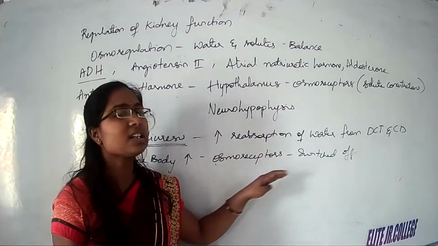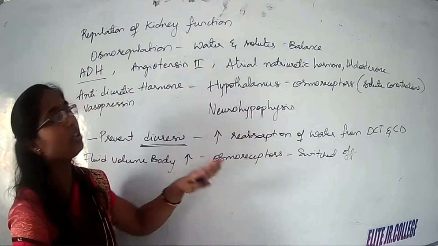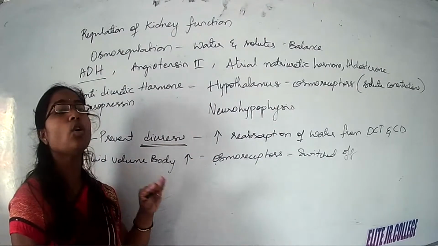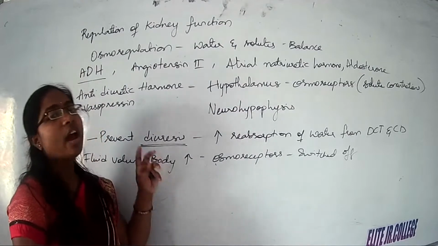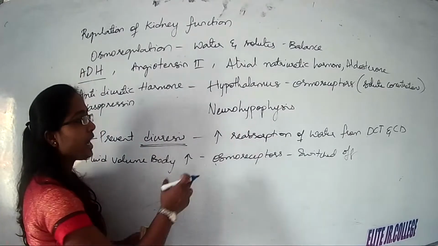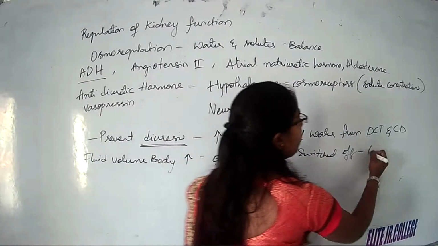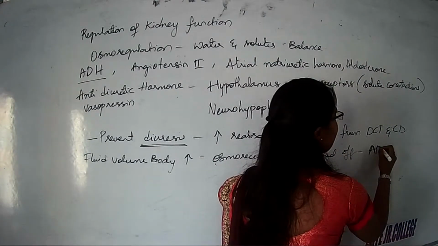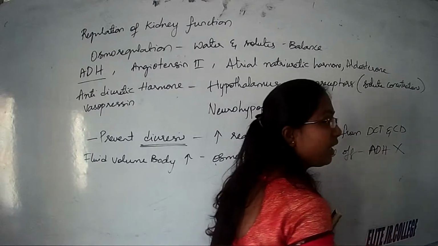When the osmoreceptors are switched off, there is no production of antidiuretic hormone from the hypothalamus. The hypothalamus is not going to produce any antidiuretic hormone.